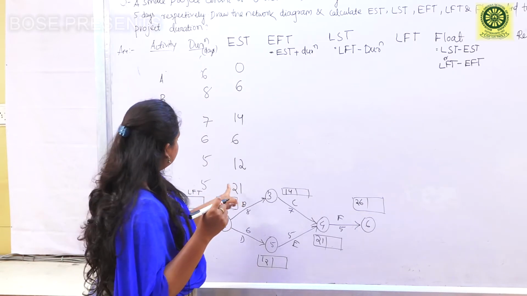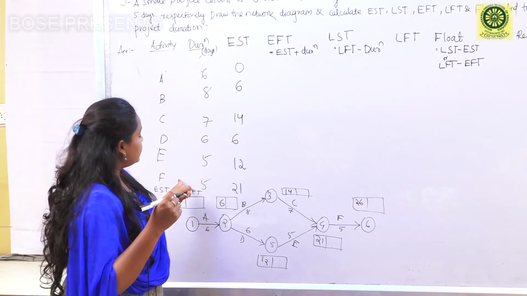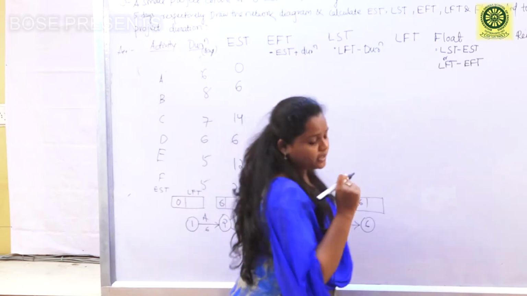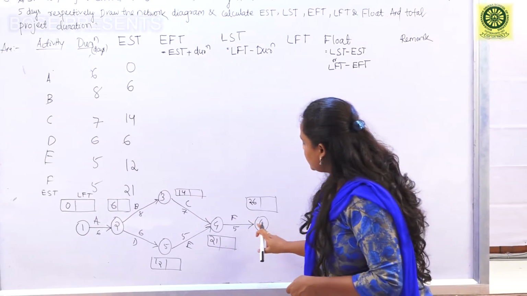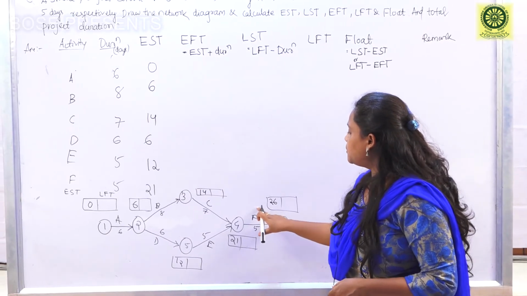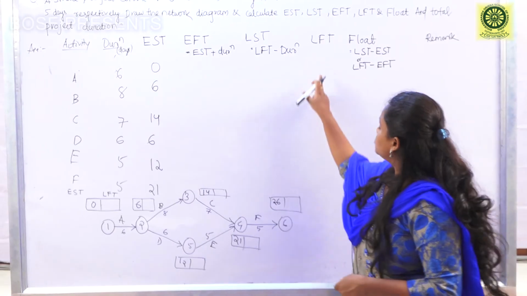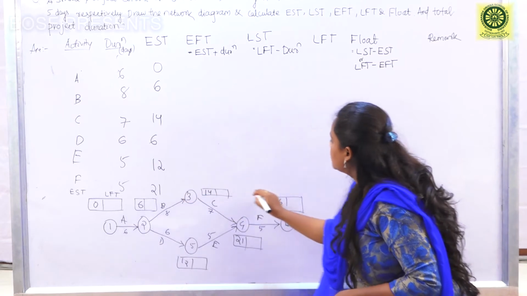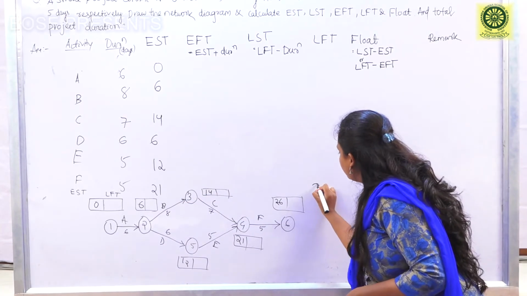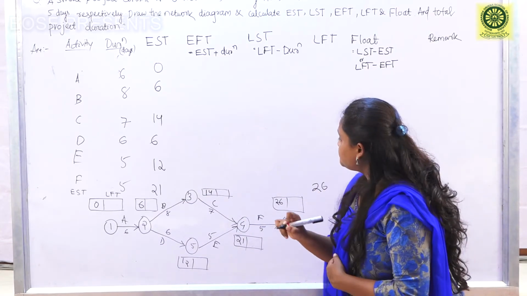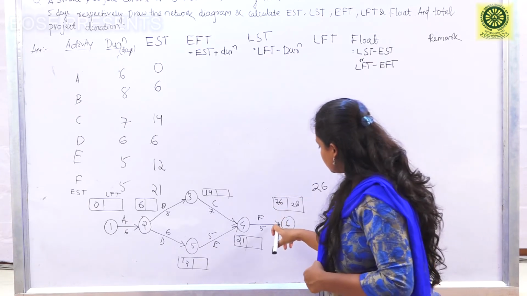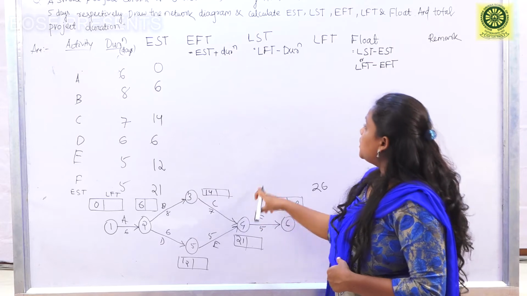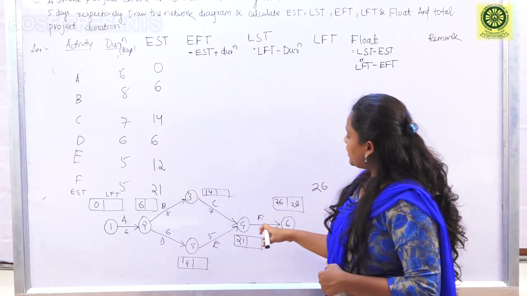So we have to see first activity F. LFT for activity F will be what? 26 days. The latest finish time for activity F will be 26 days. So we write the LFT for activity F as 26. Then we have to move backward.